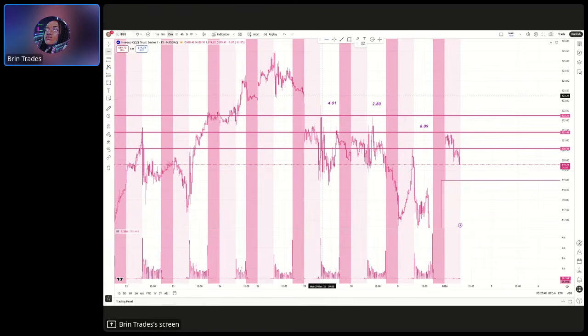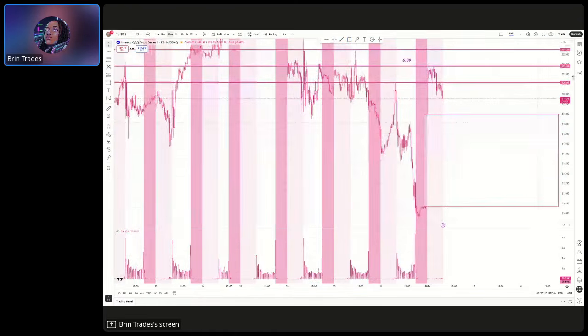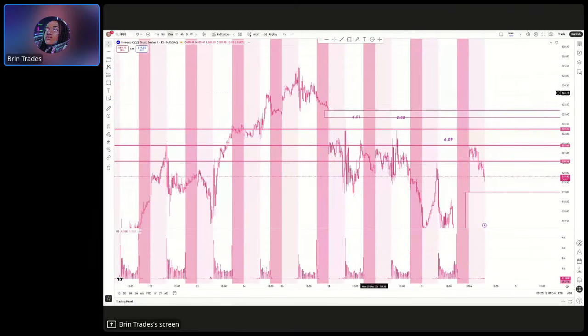And then there's a gap right here, so I'm going to draw one right there as well. Wow. That's honestly a large gap. Really large gap. I might be able to put in another price target up here somewhere. Let's see. 624.